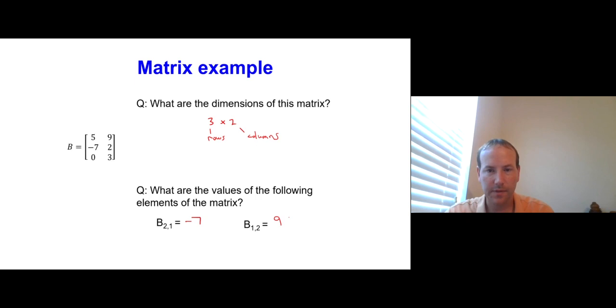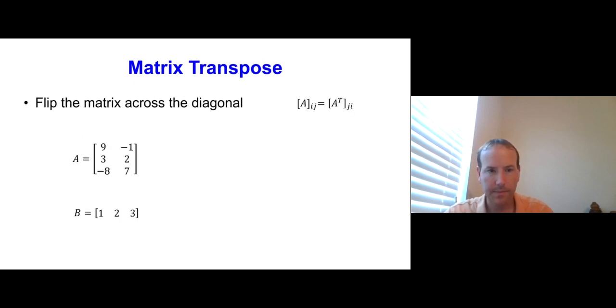Okay, so that's just the very basics of these matrices. Now let's look at our first matrix operation. A lot of the times we'll need to transpose our matrices, and that's given by a capital T symbol. The basic idea is that we're flipping a matrix across the diagonal.